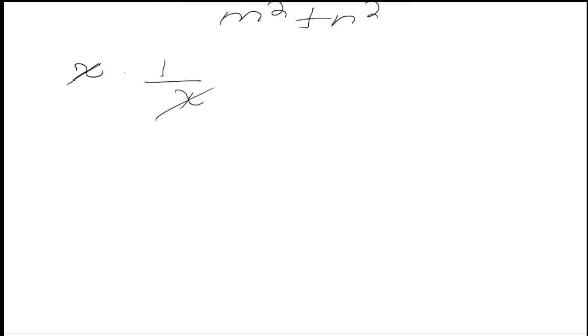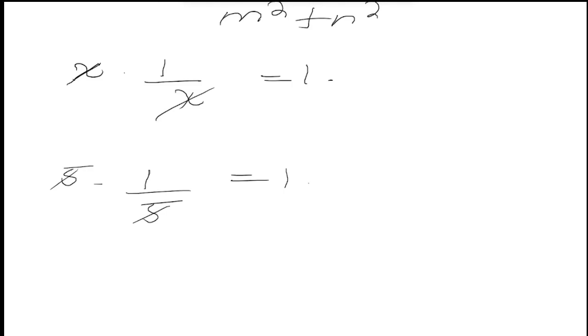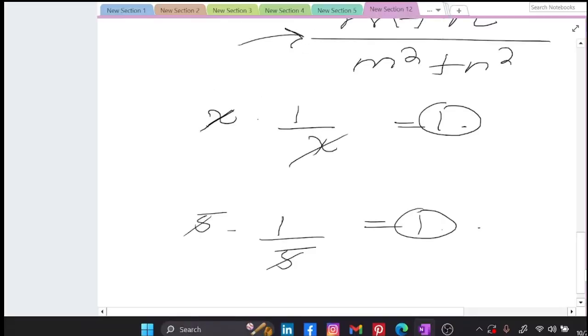So these values of x get cancelled and I only get 1. Same for any numeral, I take 5 or I take 7. Its reciprocal is 1 over 5 and that results in 1. So this means that if I take any algebraic fraction and take its product with the reciprocal, the resultant will always be 1. So 1 is our answer.